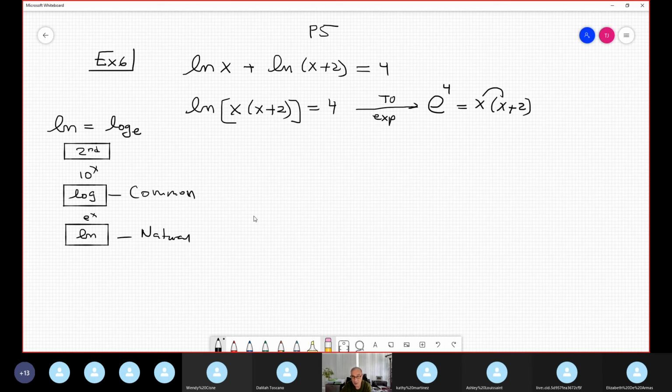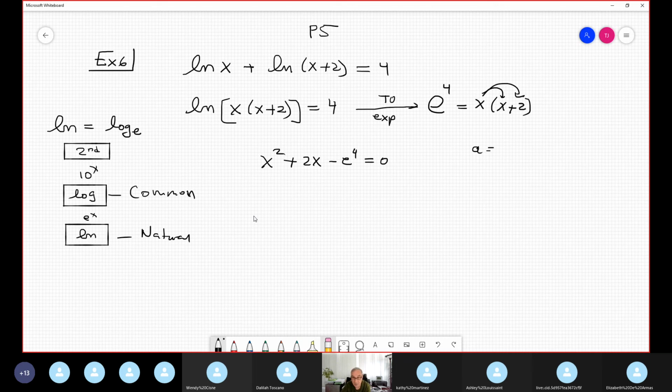Now I apply distributive properties. I have x squared plus 2x minus e to the 4th power equal to 0. You have, in that moment, a quadratic equation. This quadratic equation is not possible to solve by factorization, because I have no idea what is the e to the 4th power, but you're using quadratic formula.